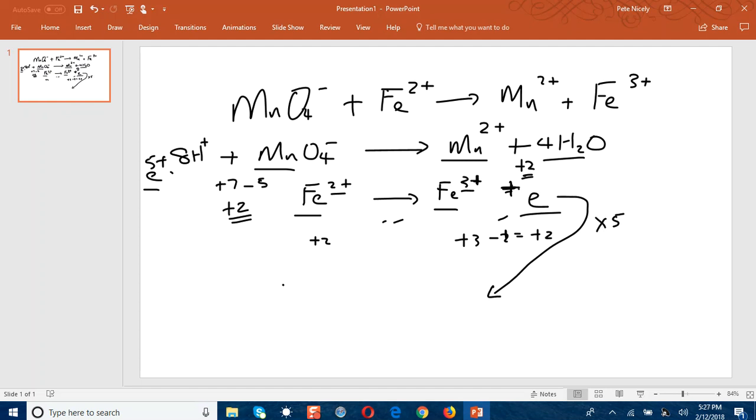So we're going to end up with 5 Fe2 plus to give 5 Fe3 plus plus 5 electrons. All right? And what I'm going to do to avoid confusion is cross out this, and I would simply add the 2 equations.